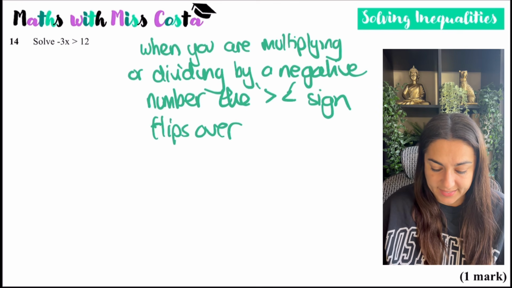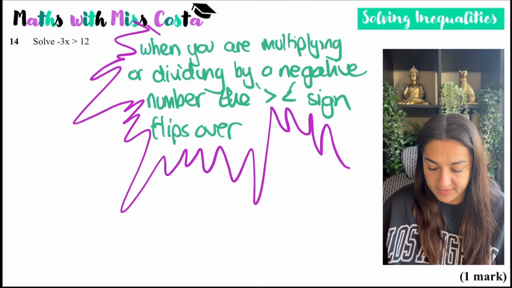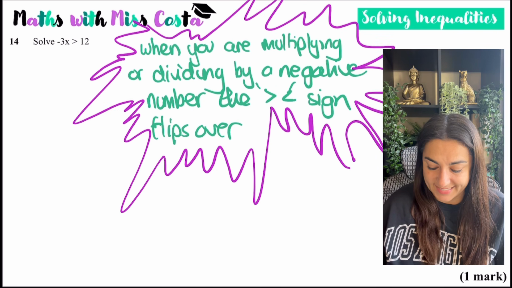So this is a key piece of information that people always forget, and then they just lose this mark because that's what it was testing.